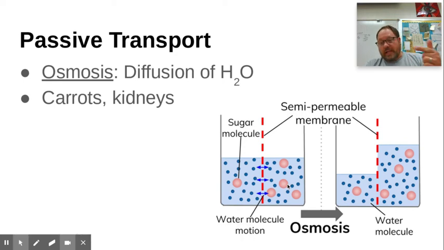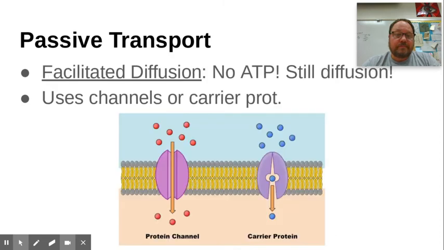So water will move toward where there's a higher concentration of that solute, where the pink molecules are. So water will actually move in that direction, even up against gravity, and perform what we refer to as osmosis, the movement of water from areas of high concentration to low concentration.